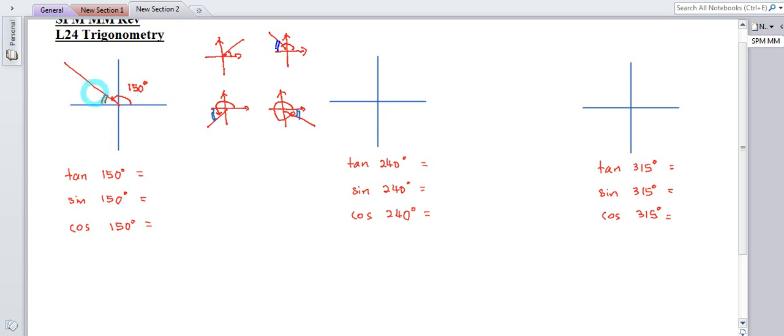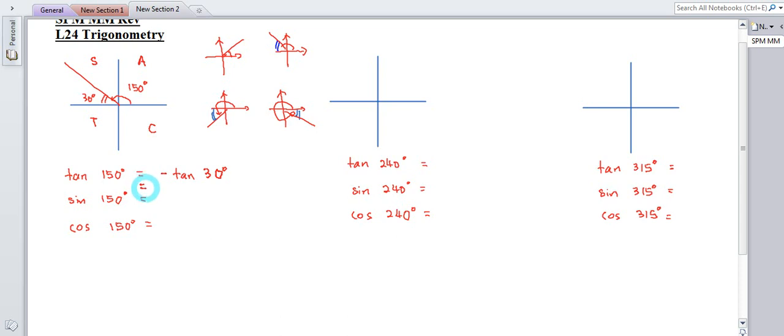If this is 150, the angle here must be 30 degrees, right? So I write tangent 30 degrees. But this is not correct, because this is the reference angle, which always gives you positive. Since we know ASTC, in this quadrant only sine is positive, so for tangent I have to put a negative here.